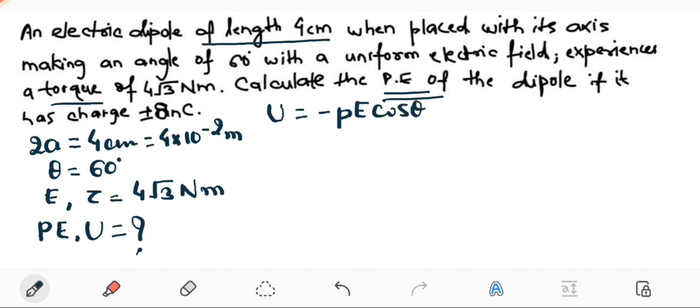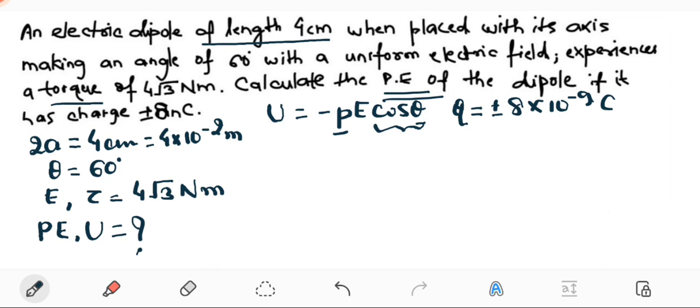We have theta, so we can find the value of cos theta, but we don't have the value of E. The value of charge has also been given, that is plus minus 8 nano coulomb. Nano means 10 to the power minus 9, so the value of charge Q is equal to plus minus 8 into 10 to the power minus 9 coulomb. Since the charge is given, we can find the value of P.